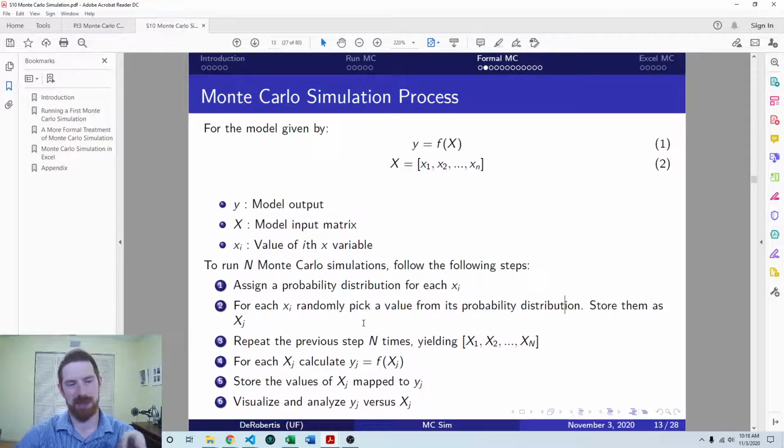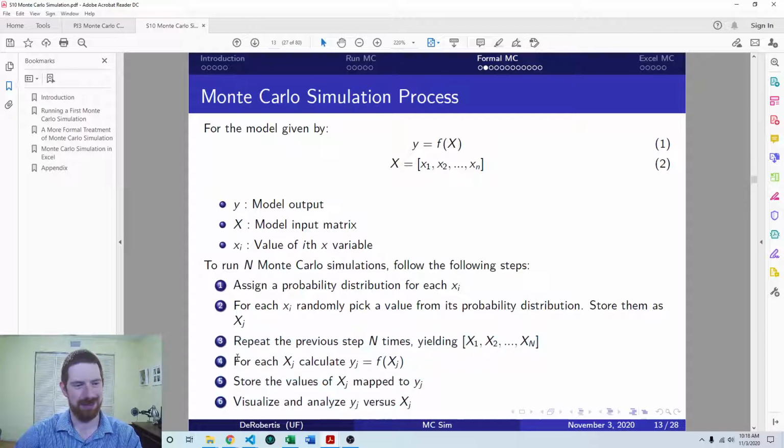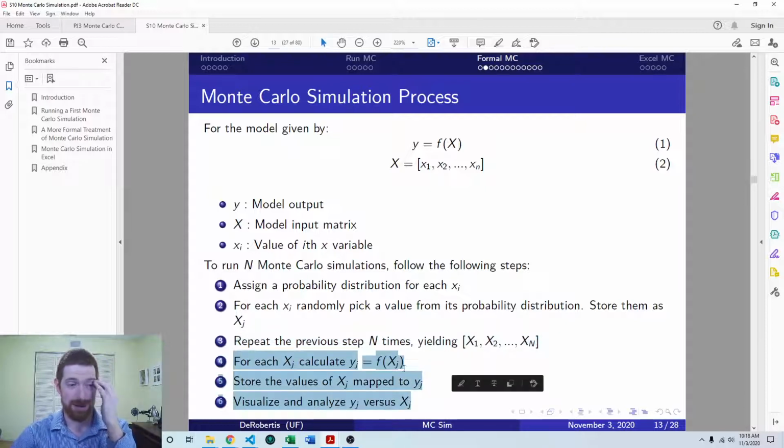Then we want to keep the inputs associated with the outputs, so you know which inputs produced which outputs. The final step is to visualize and analyze the results. So basically, these last three steps are the same as sensitivity analysis: running the model with each of the inputs, keeping the inputs associated with the outputs, and analyzing the resulting outputs.